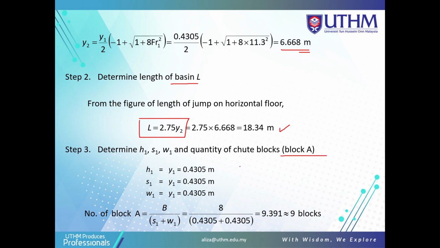The block A values are the same. To get the number of block A, you take B divided by S1 plus W1, so you get the value 9.391. So this is the same as 9 blocks. So block A has 9 blocks.